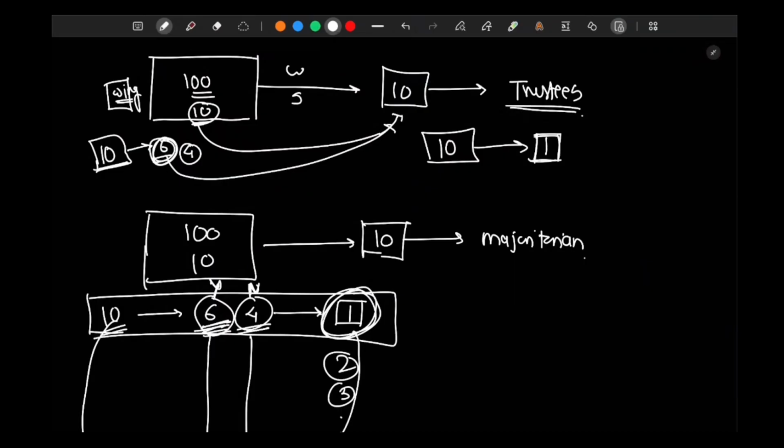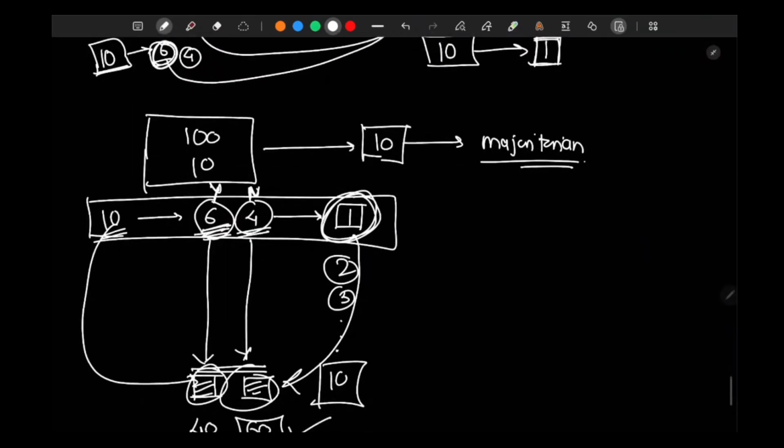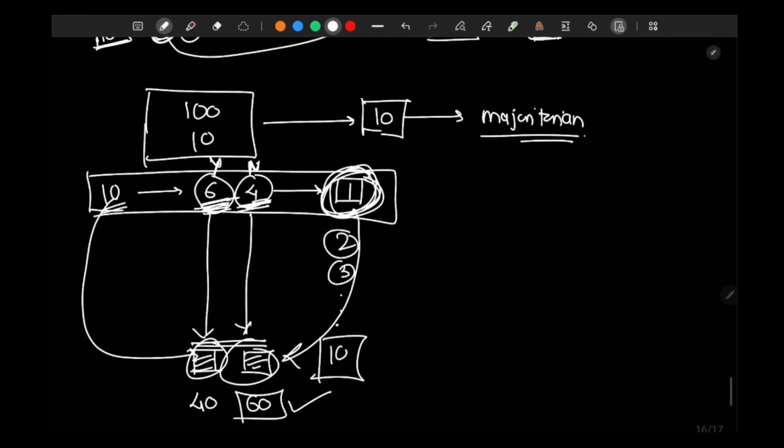In the majoritarian model, the representative just keeps the tally of the votes. This is the difference. And the state's only role is to aggregate preferences.